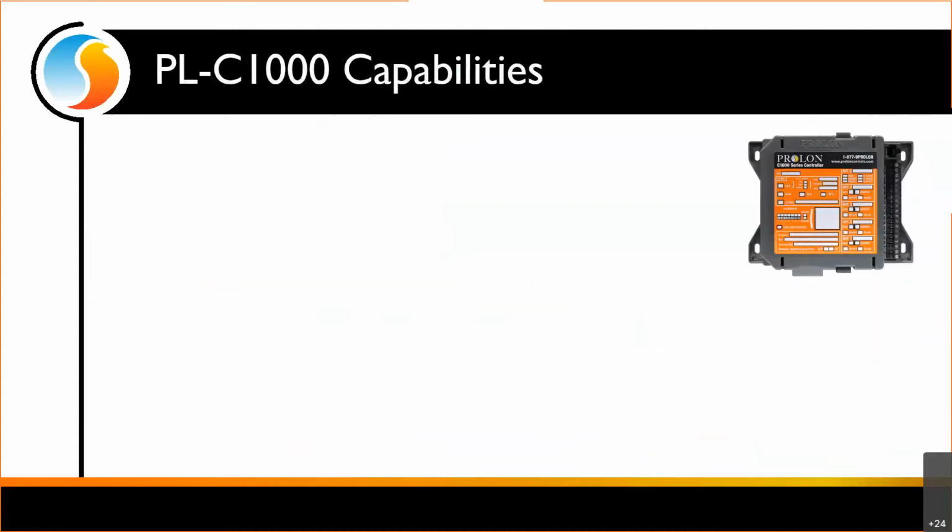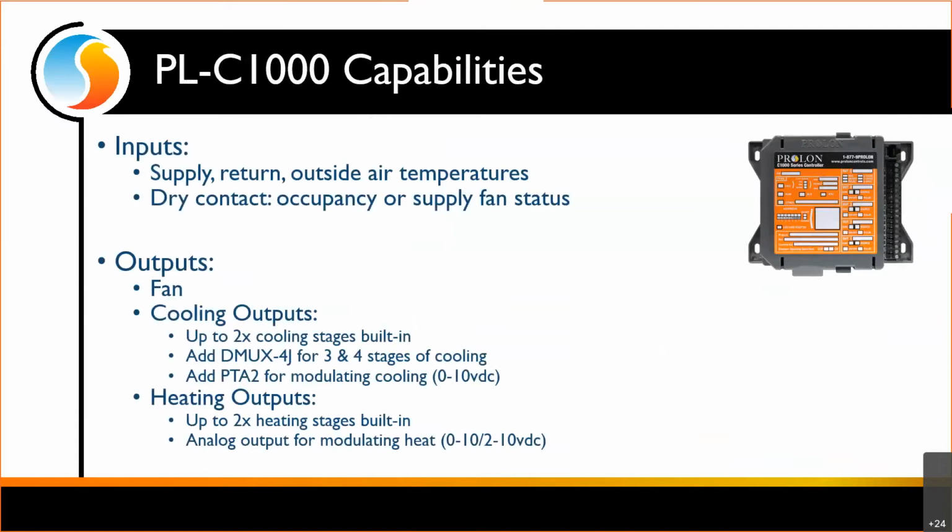So in terms of the C1000, just looking at the inputs, since it's the lighter version of the controller, we have inputs for 3 temperatures: the supply and return duct temperatures, as well as the outside air temperature.